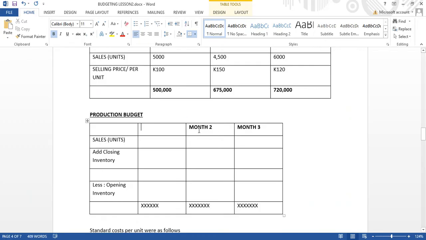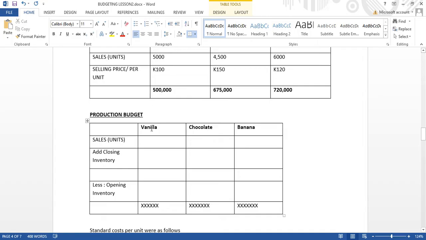Right here, I'm going to put in our flavors. We'll say vanilla, chocolate, and banana.